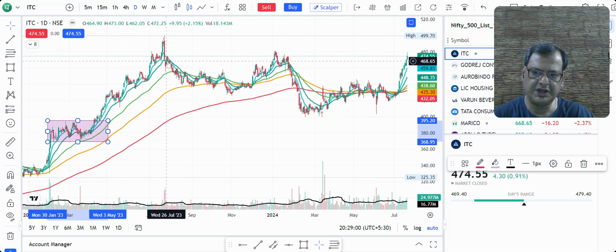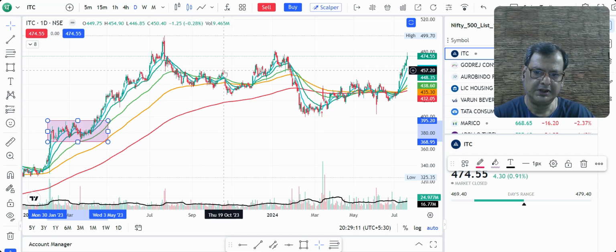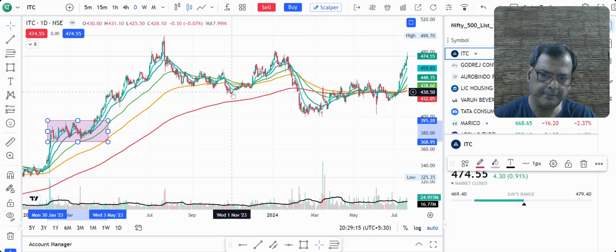Then finally, if you see here, it starts coming down. It's broken down the 9, the 20, even the 50, and has taken support of the 100, but not for long. It breaks the 100 as well, which is very bad.